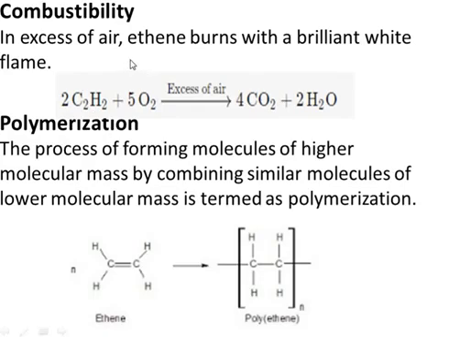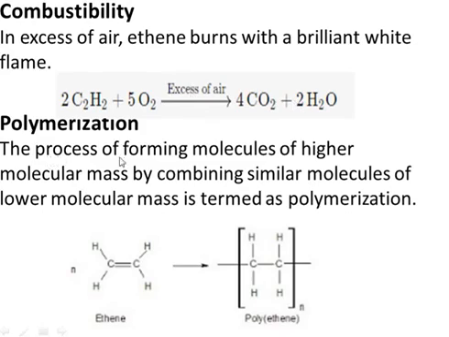Then we have combustion reactions. We burn the alkene such as ethene in presence of excess air, and we get carbon dioxide plus water. And when ethene burns with insufficient air, then it produces a brilliant white flame, right? The combustion reaction is also a reaction of alkenes.